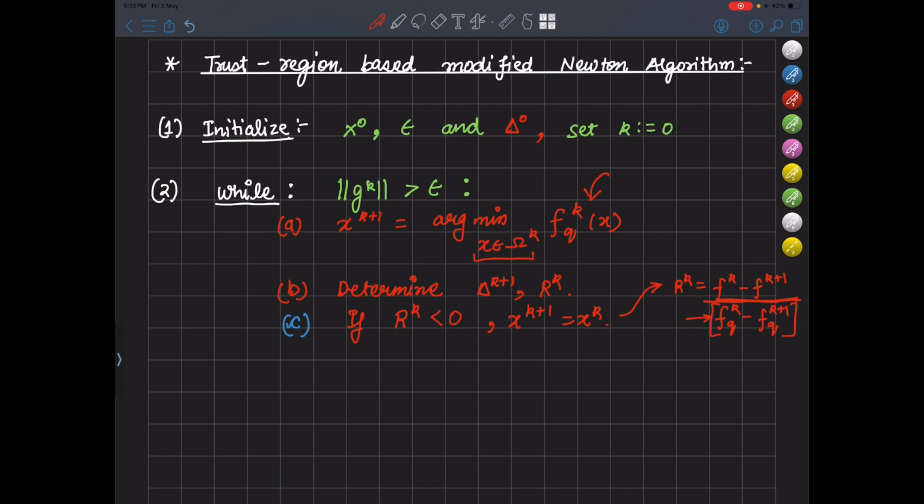But it can happen that the approximation is not good and the actual function value might be larger. So fk plus 1 is greater than fk in reality, and in approximation it is reducing. So rk can be negative. In that case, xk plus 1 is not a good point, so we do not want that point. So we reset xk plus 1 to xk. This is what we are doing here.